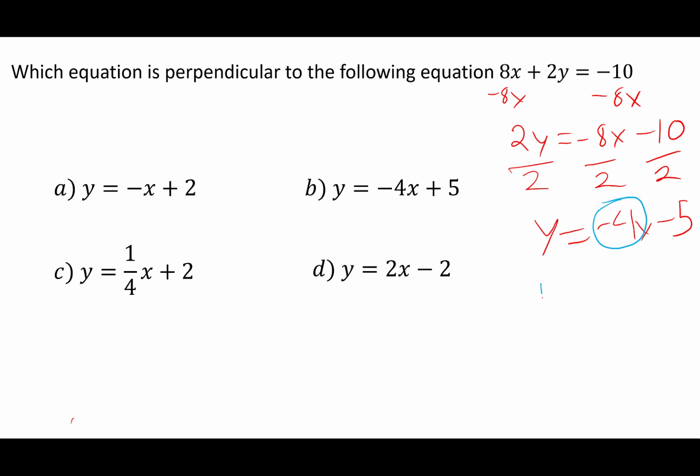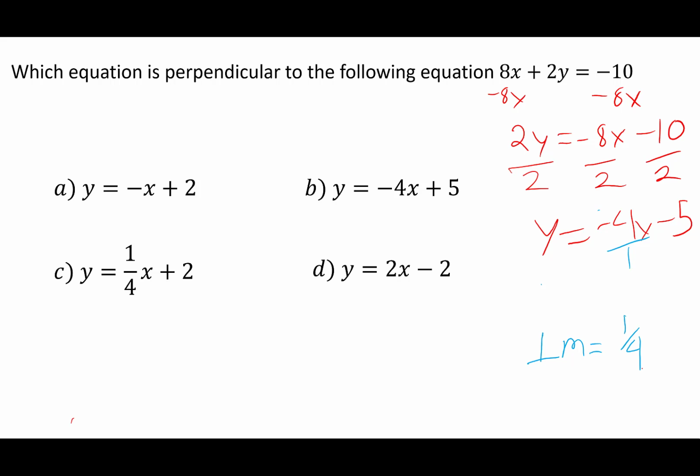So the perpendicular slope I need is going to be, well, remember, whole numbers can be written over 1. So we flip our fraction, so that means the 1 becomes the numerator, the 4 becomes the denominator, and we change the sign. So instead of being negative, it's going to be positive.